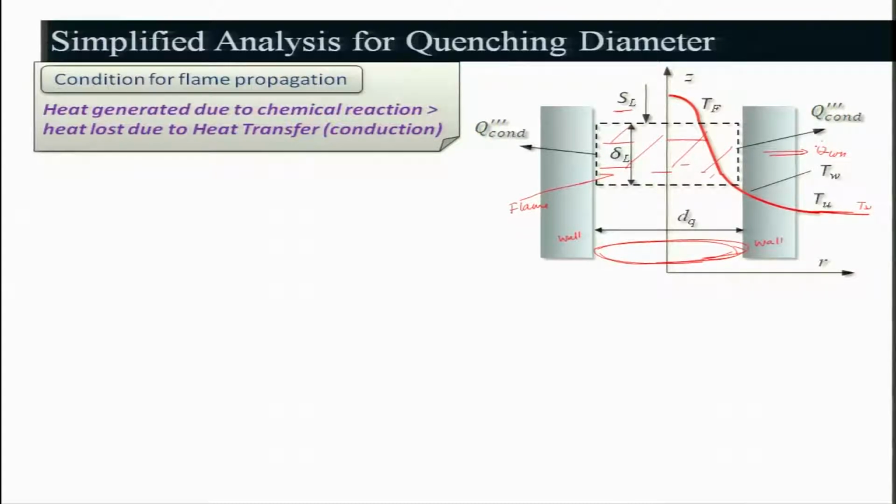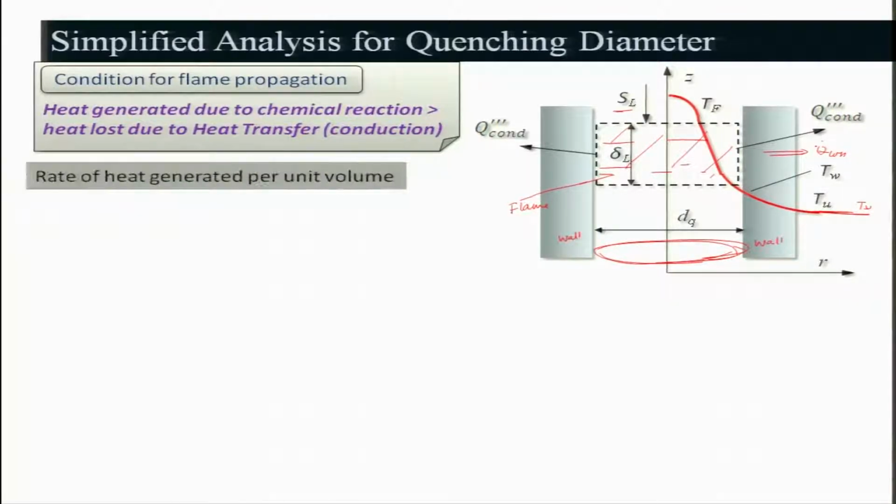We will be considering the heat transfer due to conduction only, and this is a simplified analysis, therefore we are taking that. So, the flame will be quenched when the heat generated due to chemical reaction is less than the heat loss due to heat transfer.